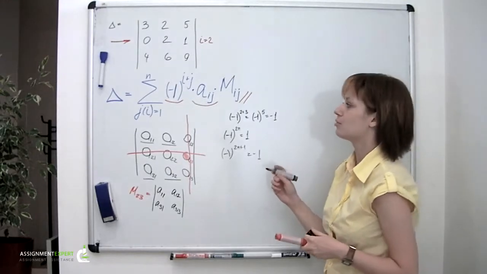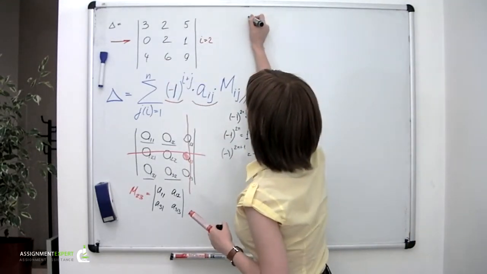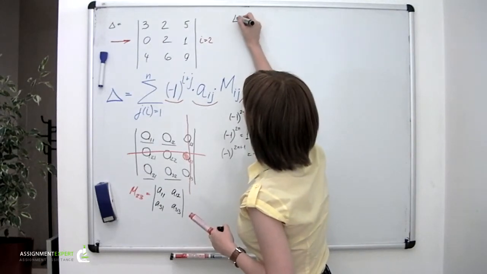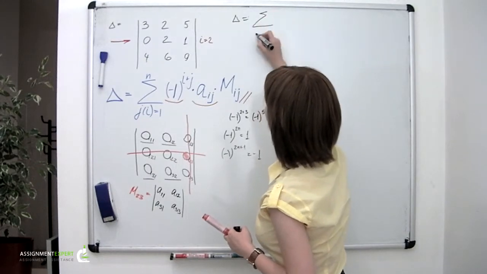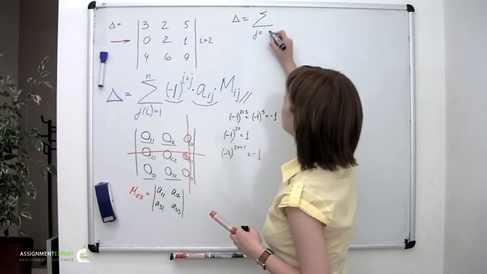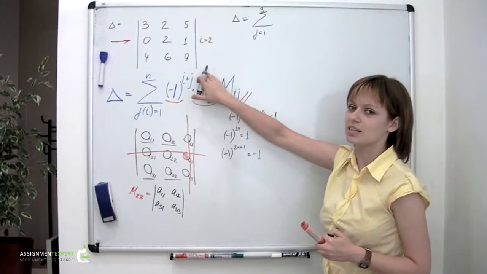Now let us write down the formula for this particular case. Delta equals the sum of j changing from 1 to 3, because our determinant right here is of the size 3 by 3.